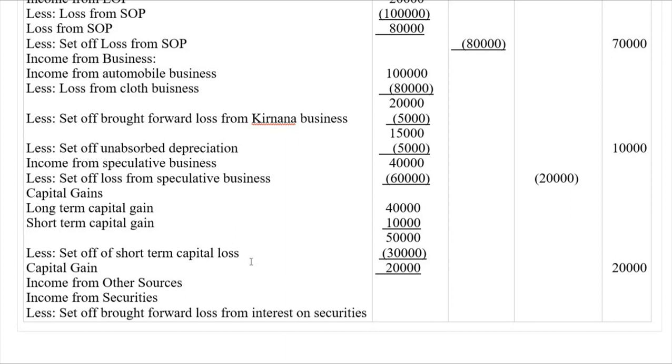So 20,000 less the brought forward loss, which amounts to rupees 6,000.